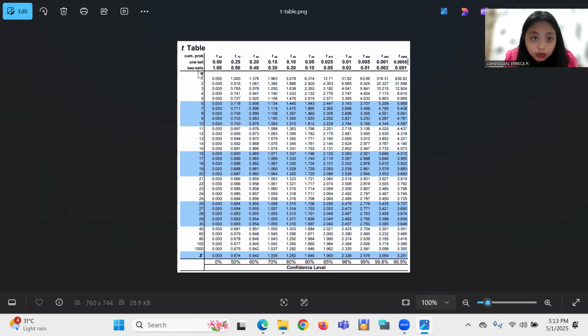So for example, one tail. So where is 890, 870? It falls in here, 0.25. And your z-score was 2. That means it's 0.816 in the t-score table.